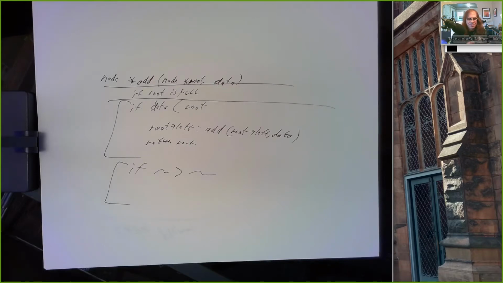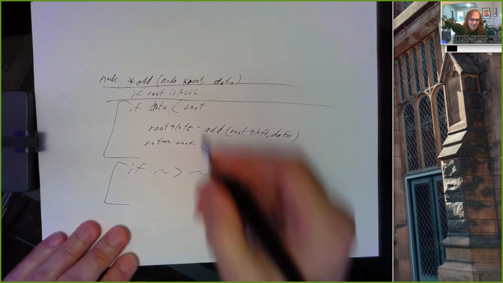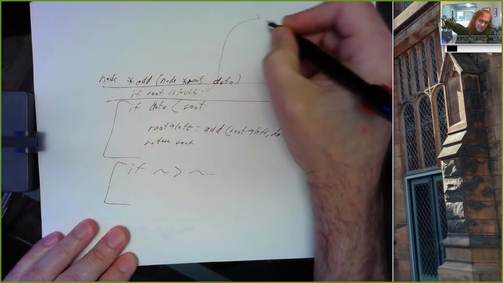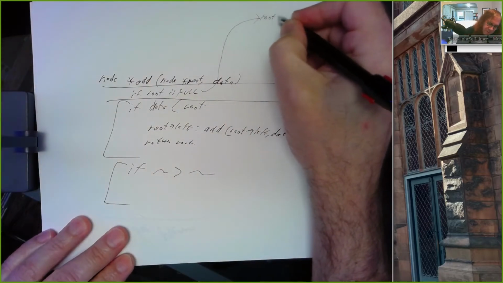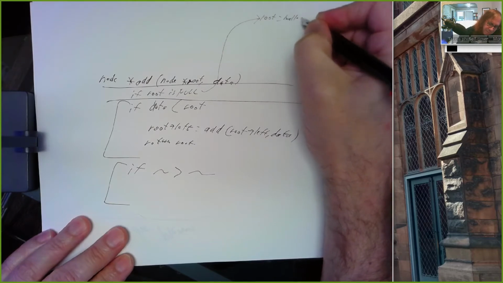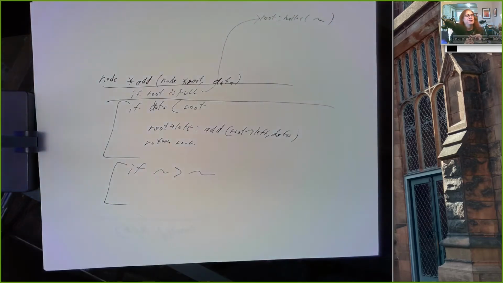So if the root is null, we need to create a new root. And what do we do in that case? Call malloc. Allocate enough space for a root node. So that's going to be size of struct, whatever your T node is.